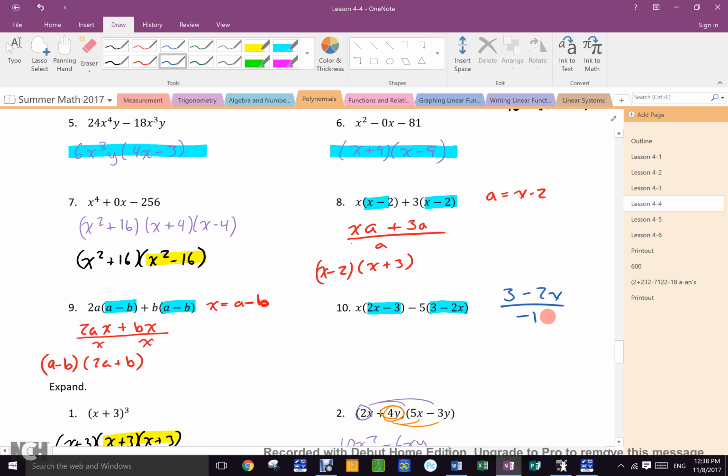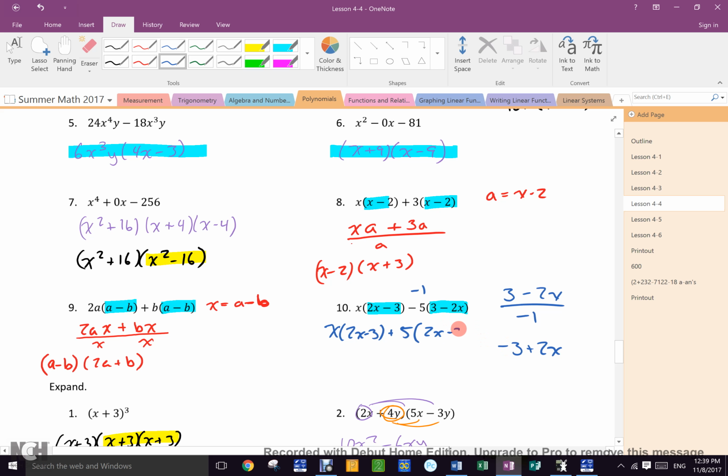Is 1 a common factor to everything? So can I take that out? So I would end up with -3 plus 2x, wouldn't I? But I'd have to have that -1 out in front, yeah? Well, what was already out in front? -5. What do I do with those two numbers? Multiply them. So what would this become? +5. So what I end up with is x, 2x minus 3, plus 5, and then look, +2x, +2x.